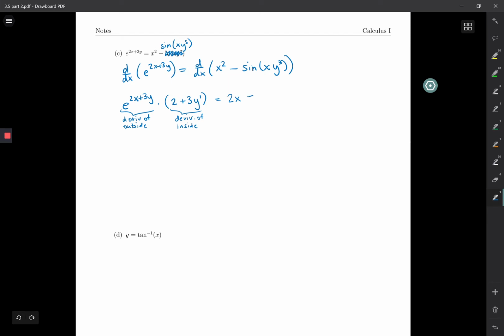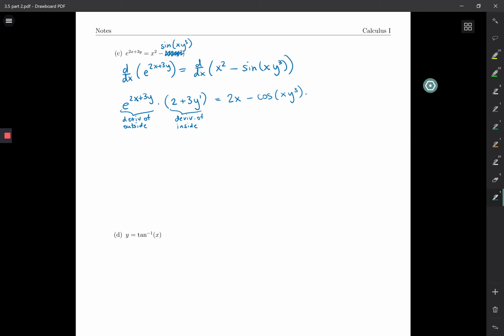And then again, we need to use the chain rule because we have something inside of this sine function. So first, we need to take the derivative of the outside function, which is going to be cosine. The derivative of sine is cosine, and we leave the inside function alone, and then we multiply that by the derivative of the inside function.